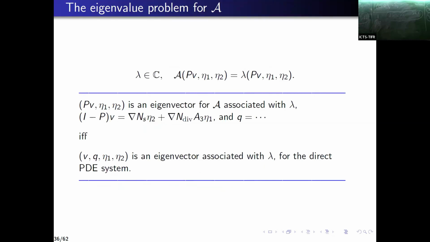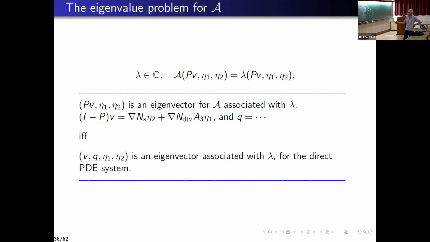If you take an eigenvector for A, we know that the domain of A is the vector of this form. So we have to take the projection of V, eta 1, eta 2.